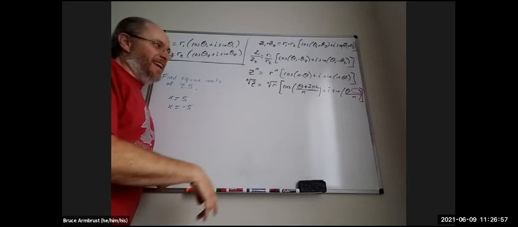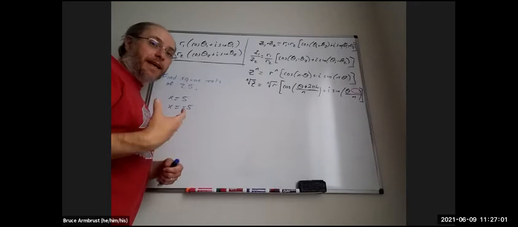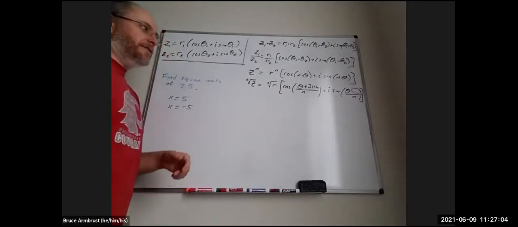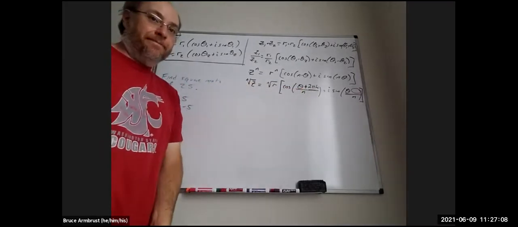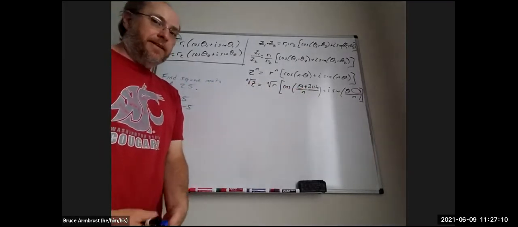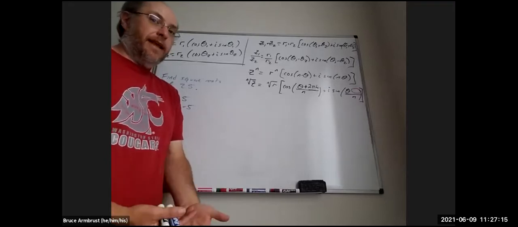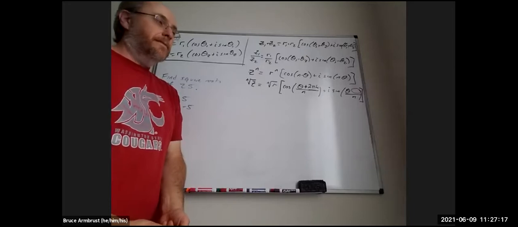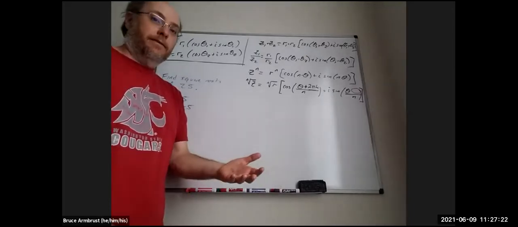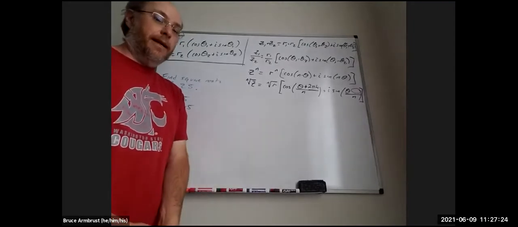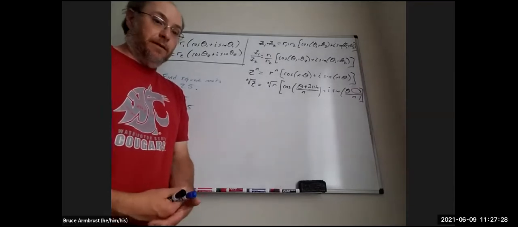I just can't use the letter n because I'm using it for something else. So when I say plus 2 pi k, that's just finding me another angle that's coterminal to theta. Because that angle also represents the same complex number, whether I add 2 pi or 4 pi or 6 pi or 8 pi or 100 pi, right? As long as I'm adding some multiple of 2 pi, I'm going to be at the same place, which means I'm going to have the same complex number.